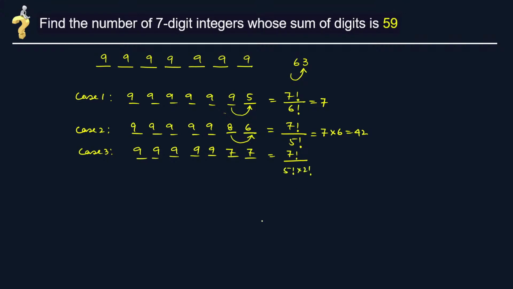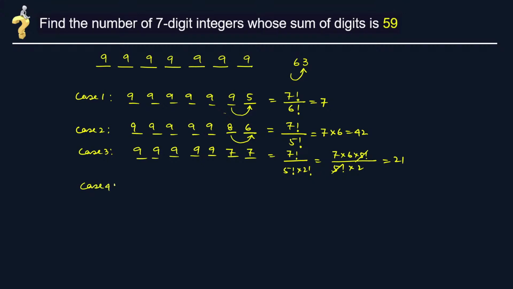Why? Because 5 nines are identical and 2 sevens are identical. Therefore, if we calculate this, what are we going to have? 7 into 6 into factorial 5 divided by factorial 5 into 2. So this gives us 21. Is it clear? Now what are the other cases?